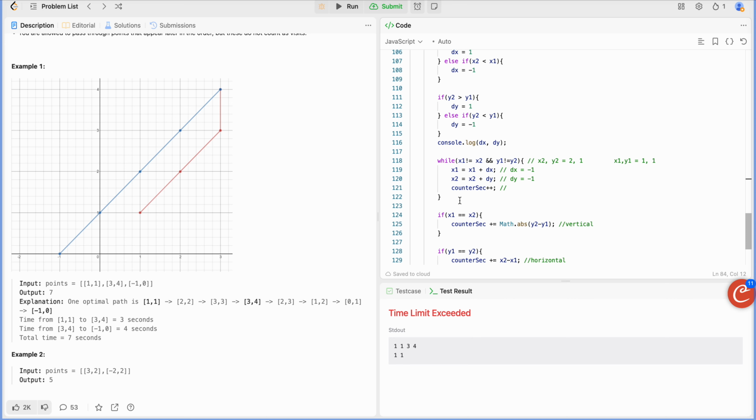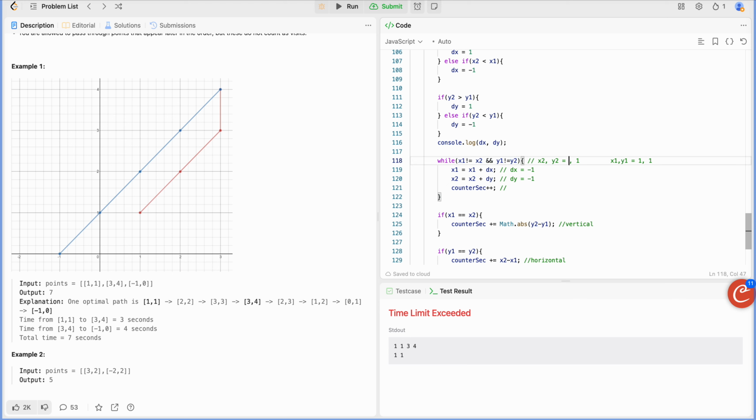Why did it not exit here? I think this is where it is going wrong. I think this is the condition where I'm not writing it properly. I always mess up with these conditions.